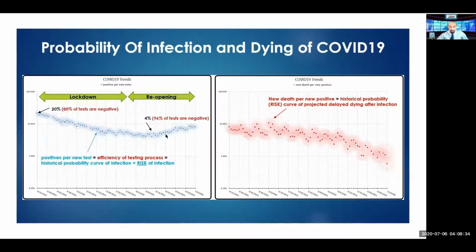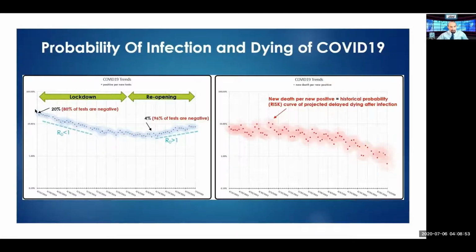That's a very interesting thing to notice. This curve actually represents the risk of someone infected dying, and it collectively represents the pattern and trend of the risk dropping.